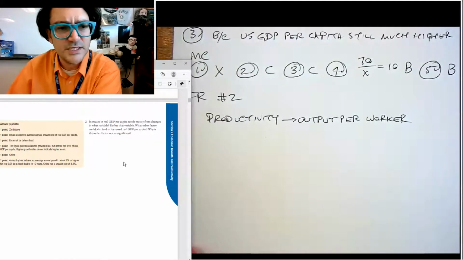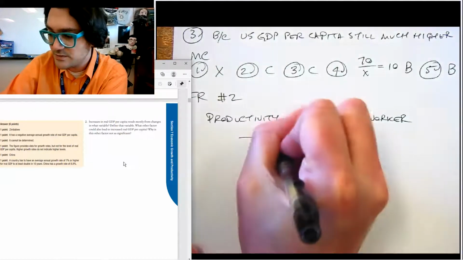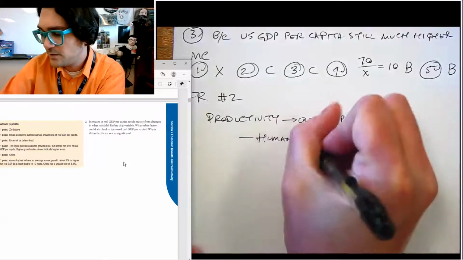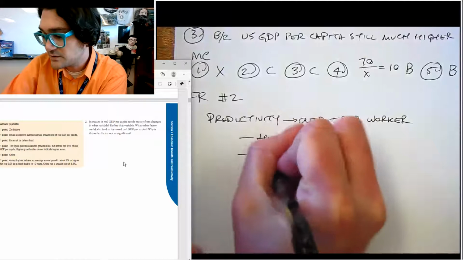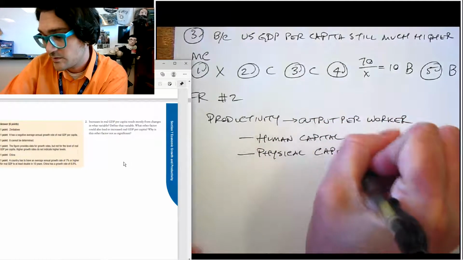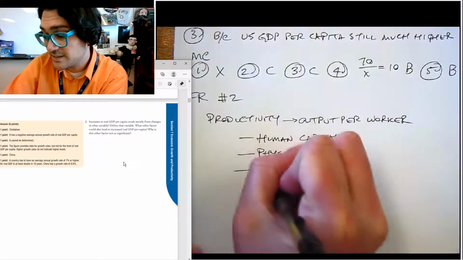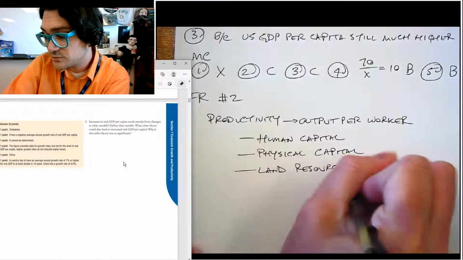What other factor could also lead to increased real GDP per capita? Why is this not as significant? There are a host of others, right? Human capital, which affects productivity. Physical resources, physical capital. You could say land resources, so literally natural resources.